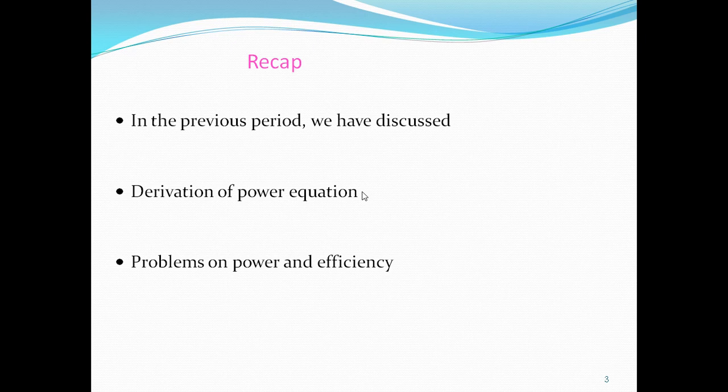If we add stator armature copper losses, 3Ia square Ra, to Pm, we get the motor input, root 3 VL IL cos phi. From this we have done some problems on calculation of back EMF, Eb, for unity, lagging and leading power factor.